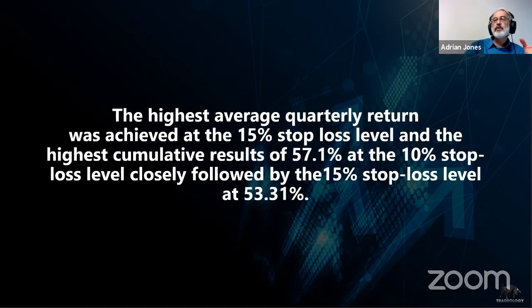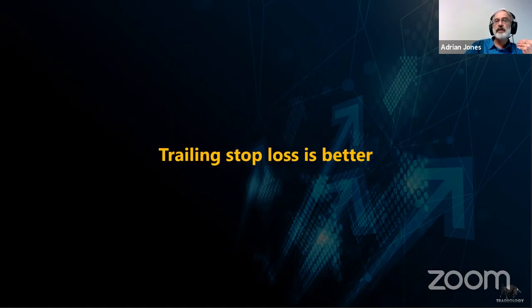Now, the highest average quarterly return over a period of 3 or so months is achieved with a 15% stop loss level. And the highest cumulative result of 57.1% at the 10% stop loss level was followed closely by the 15% at 53.31%. So basically, what we want to do here is look at about a 15% stop loss level over that period, if it was for a longer term period.